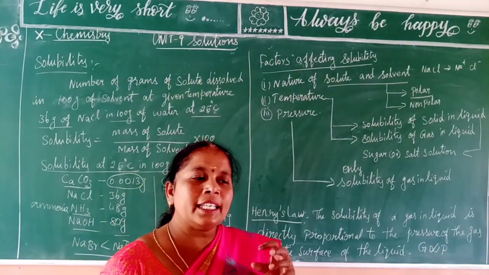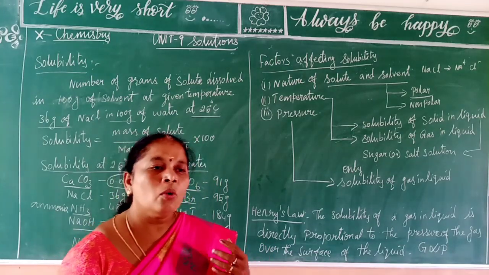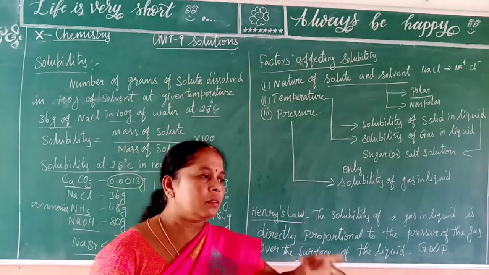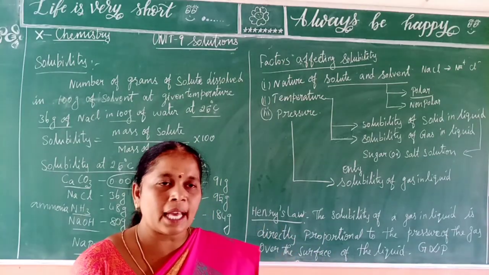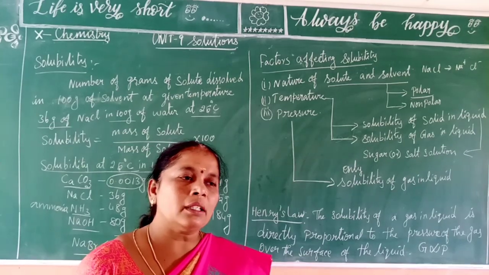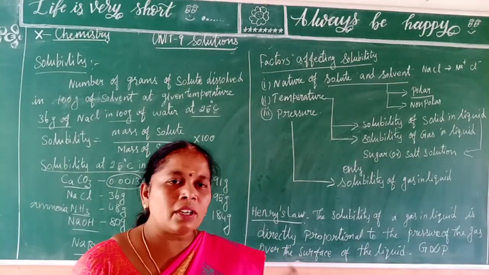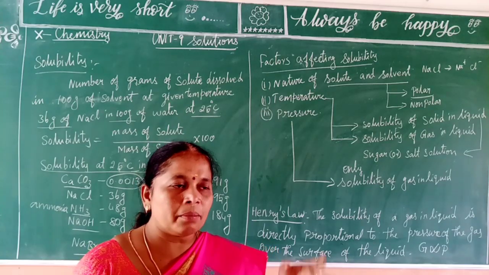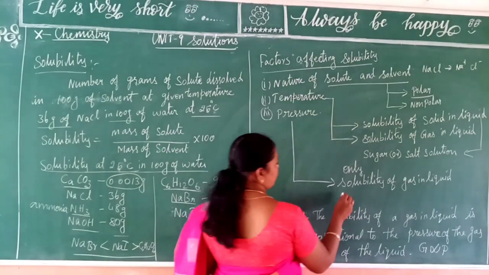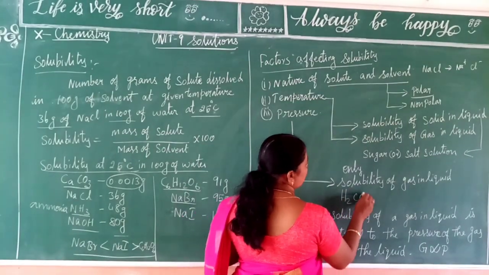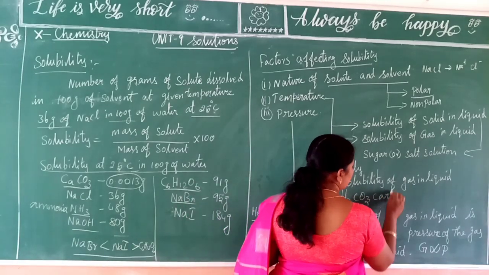You know very well the soda bottle. How do they fill the gas in the water? They give the pressure. There is a machine through which they apply pressure to the liquid. Under that pressure, the carbon dioxide gas dissolves in the water and is converted into H2CO3, carbonic acid.